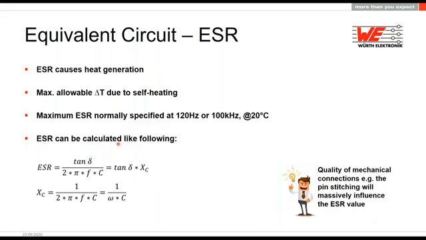And you can calculate the ESR out of the tangent delta, so the dissipation factor, and vice versa. Also, you can calculate your impedance or your resistance out of the capacitance when you know the frequency. But we also measure the ESR over the complete frequency range, so you can have a look in our REDEXPERT tool.